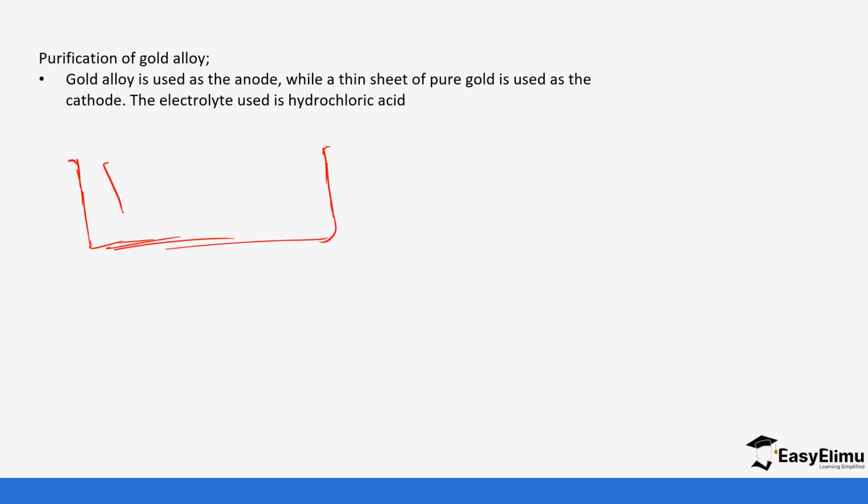So we have the impure gold, or the gold alloy, and the gold alloy is connected on the anode, so the cathode is the pure gold strip, and then they have been put in a solution of hydrochloric acid.